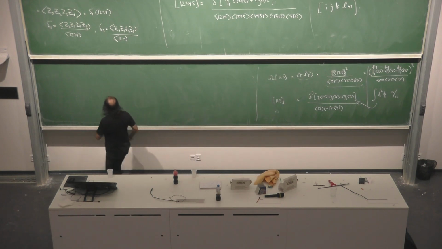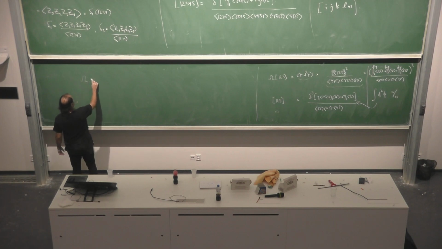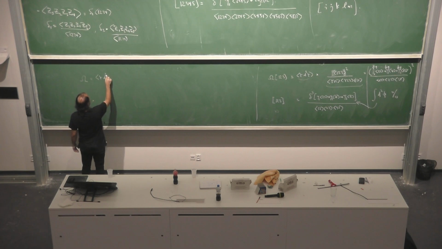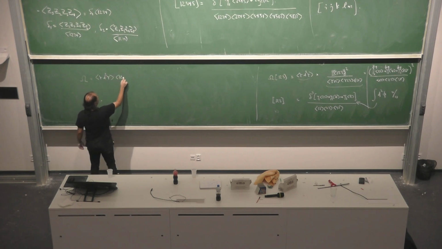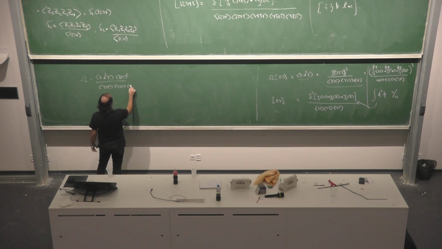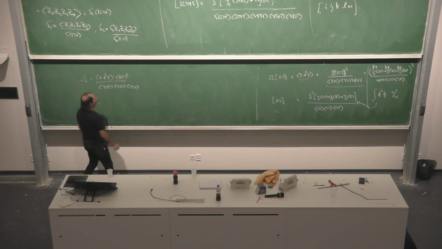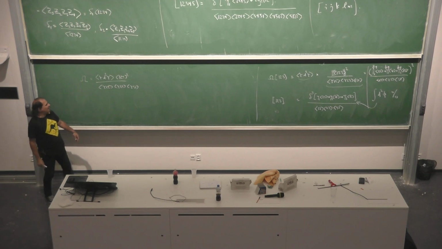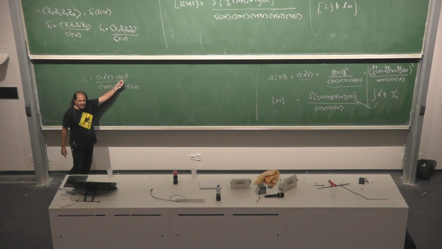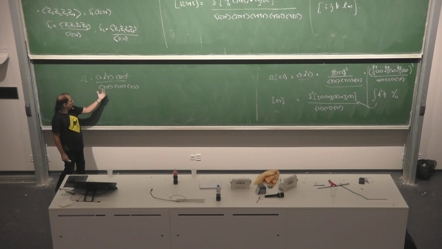So when we write the formula like this, this makes it appear like it depends on y and z in these combinations, right?